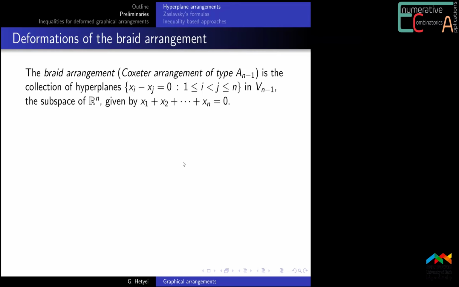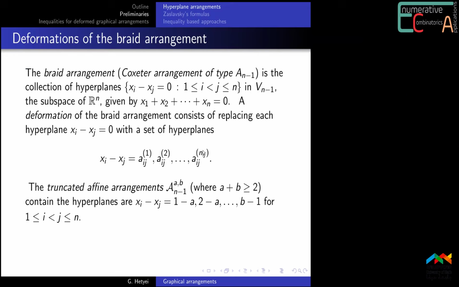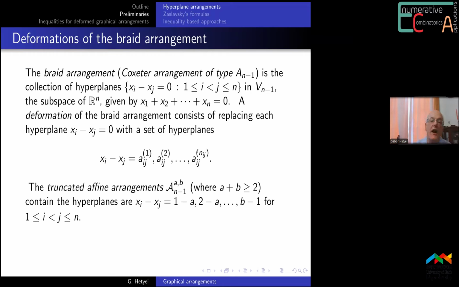My main reference when I started this research was the paper of Postnikov and Stanley on the deformations of the braid arrangement. This slide is fairly technical. What I would like to stress is that the ideas I am trying to present apply to all hyperplane arrangements where the hyperplanes have equations of the form xi minus xj equals some number.